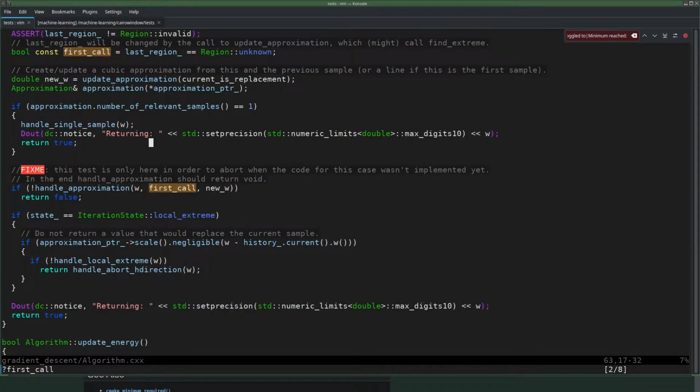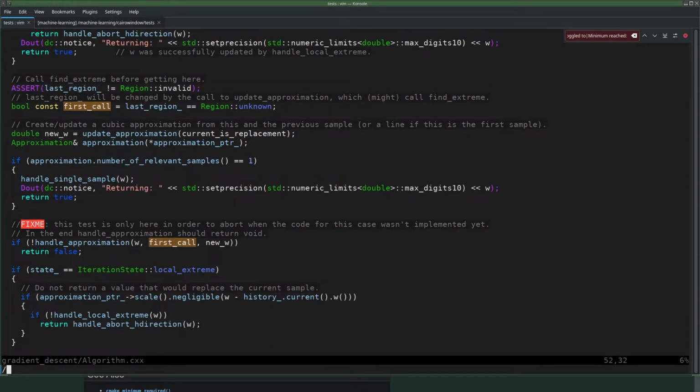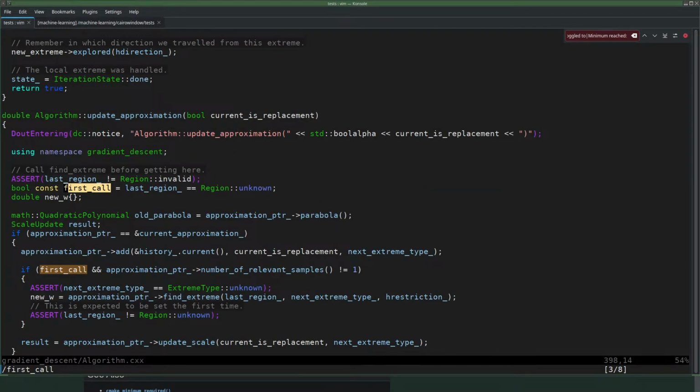It is reproduced rather from last region, because if last region equals unknown, and here again inside a function, and then we test here being used.